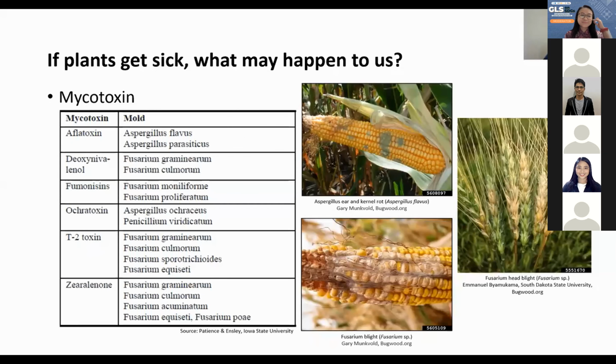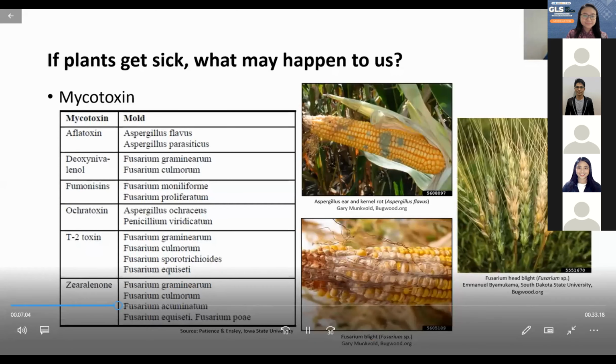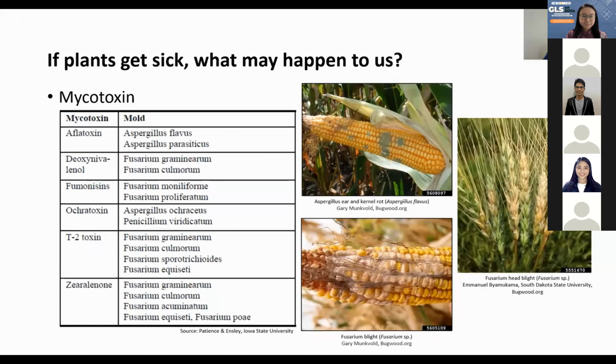This toxin is produced by a pathogen called Aspergillus that can infect food crops such as corn. Another example of toxins is deoxynivalenol or DON. This DON toxin is produced by Fusarium species, and this pathogen can also infect many food crops such as corn, wheat, and other cereal crops.